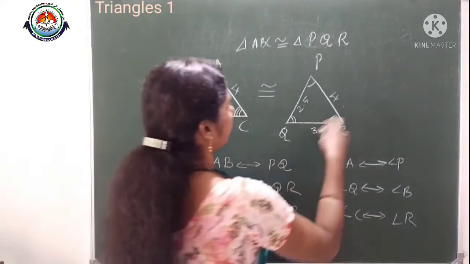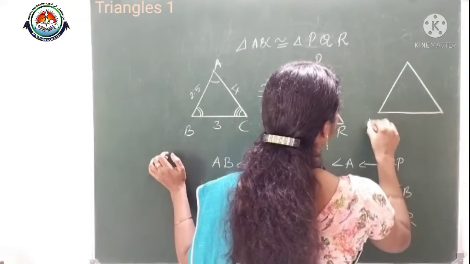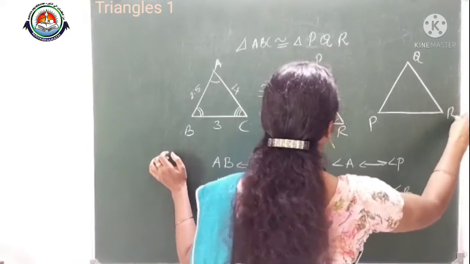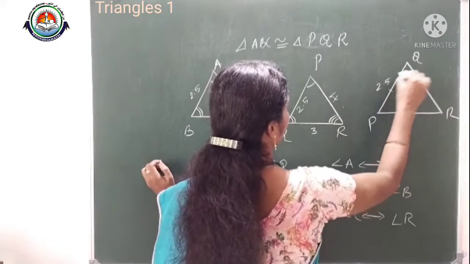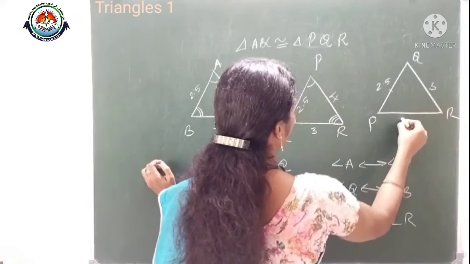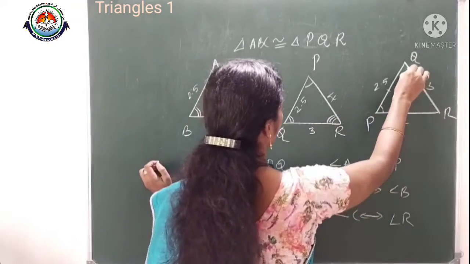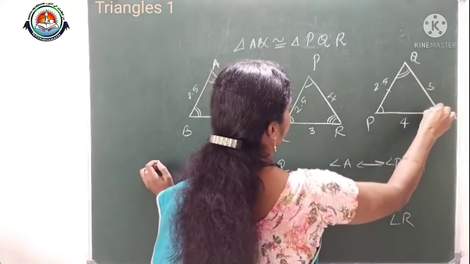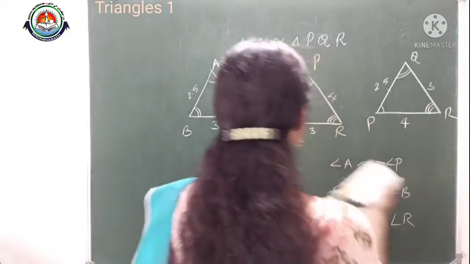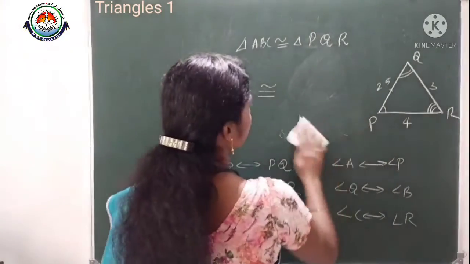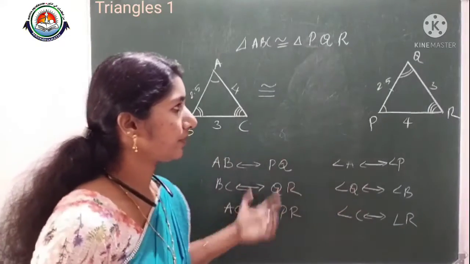See, suppose I am drawing like this. P is here. This is P, Q, R. Then PQ is 2.5, QR is 3, PR is 4, and angle P equals angle A, angle Q equals angle B, and angle C equals angle R. If you draw like this also, their corresponding sides and angles will be the same.